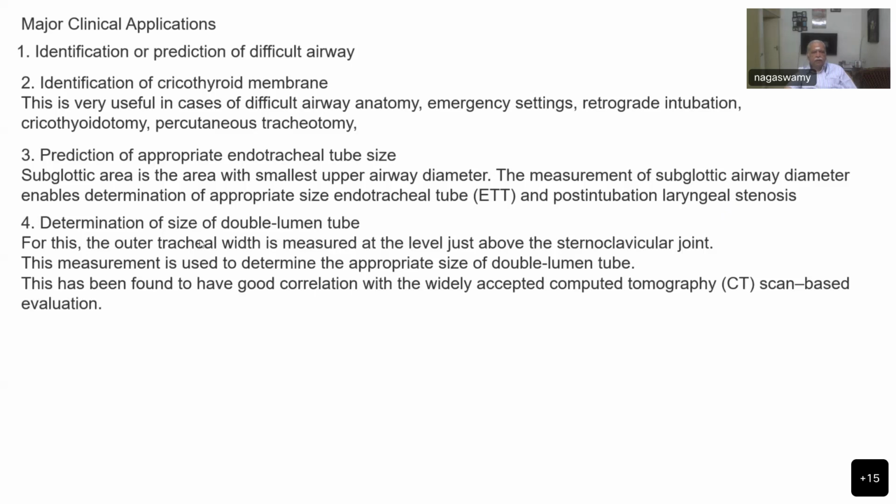The determination of size of double-lumen tube also can be done. The outer tracheal width is measured at a level just above the sternoclavicular joint. This measurement is used to determine the appropriate size of the double-lumen tube. So previously, how were we calculating the size of the double-lumen tube? Savitra, any idea? What is Perry's formula?